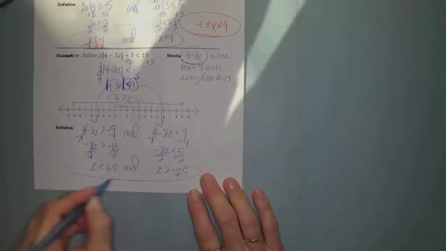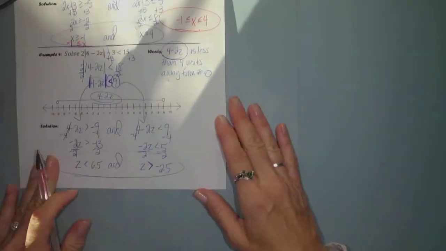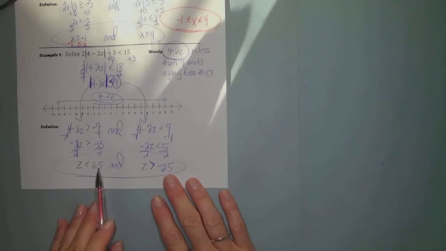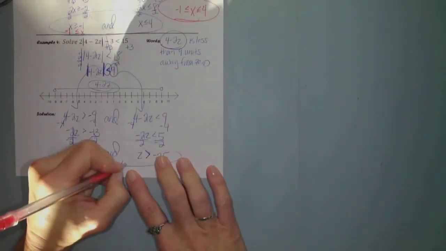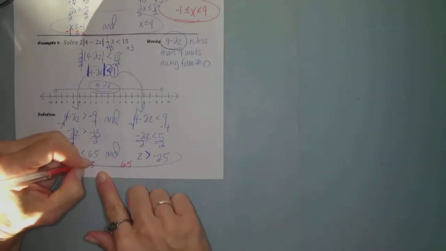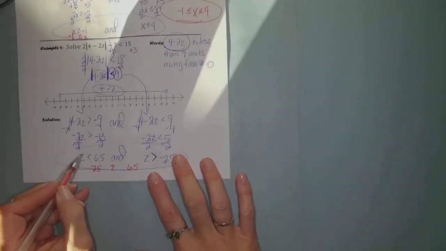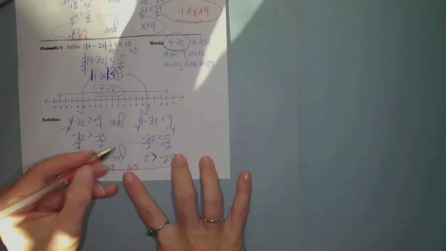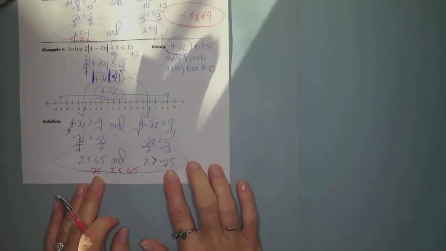Okay, so here's my compound inequality. Now if I want to make it fancy, my bigger number of the two is the 6.5, so I'll put that on the right side, 6.5. My negative 2.5 I'll put on the left, it's smaller, z in the middle. And if you look at this, z is less than 6.5, but it's bigger than negative 2.5.